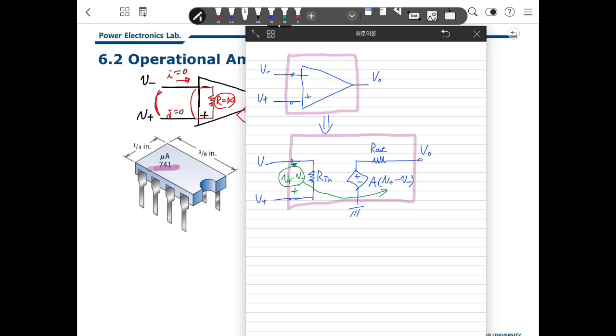Generally, in the ideal op-amp, R in is an infinite value, the gain is an infinite value, and R out is 0. Those are the parameters of an ideal op-amp.